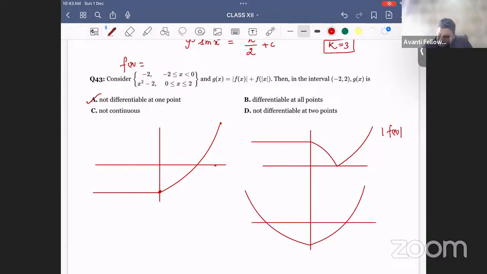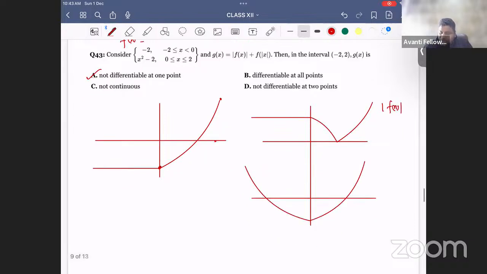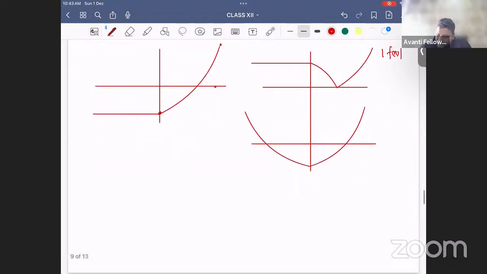Now, we are going to find the points of non-differentiability. So if I add both the functions, in this interval, this and this sum is going to be 0. Like this, then this is going to be like this. And in the previous interval, it will be shifted 2 units, so it will be something like this.